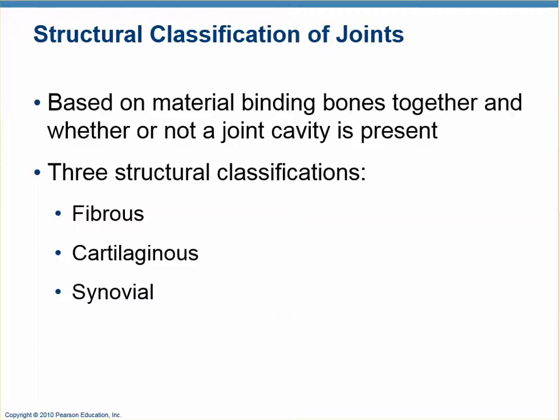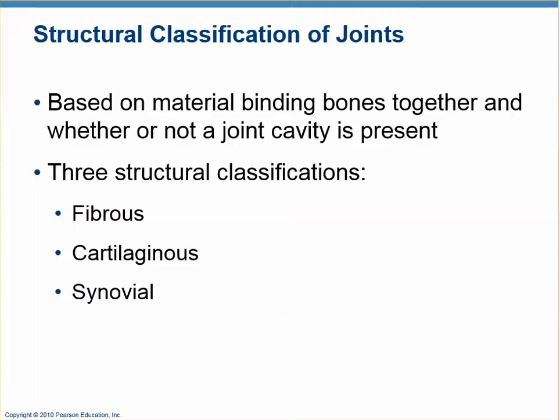There are joints where the two bones come together with cartilage, and cartilage being a shock absorber and more of a solid sort of connective tissue. Cartilaginous joints are more joints where we're going to get a certain amount of compressive force.